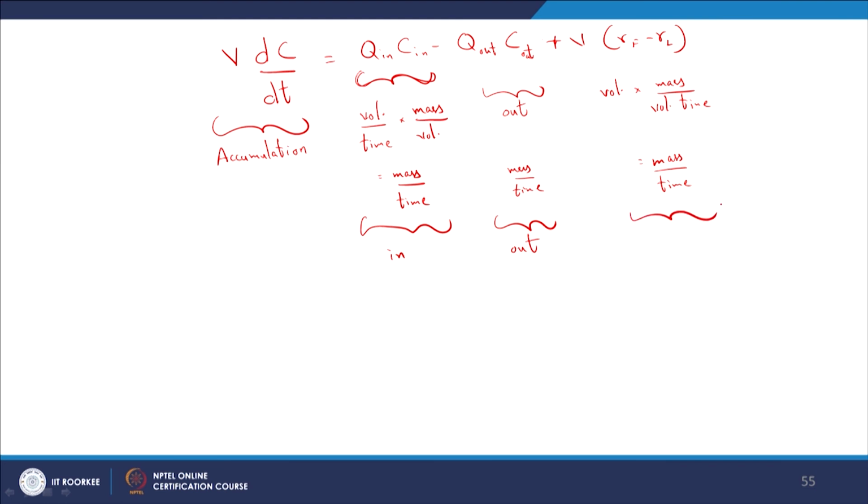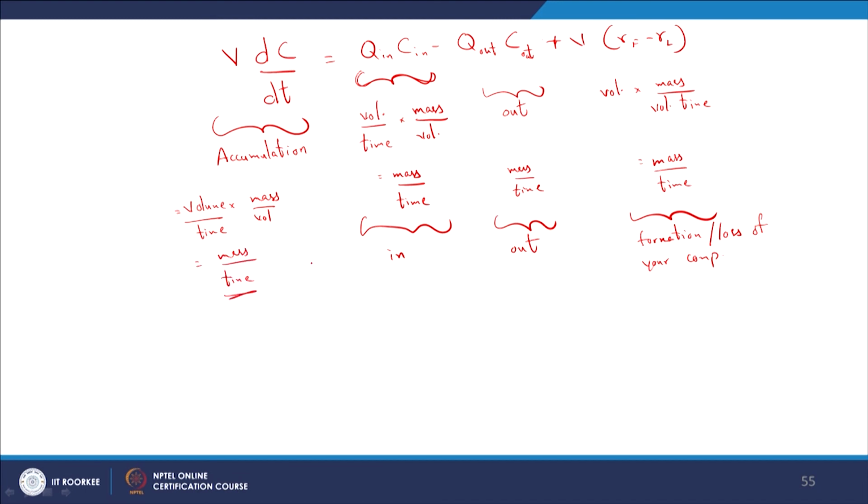So, this will give you an idea about the formation or loss of your compound, right. And this obviously, what is this equal to? Volume into concentration is mass per volume, and the differential is per time, right. So, that is again equal to mass per time.